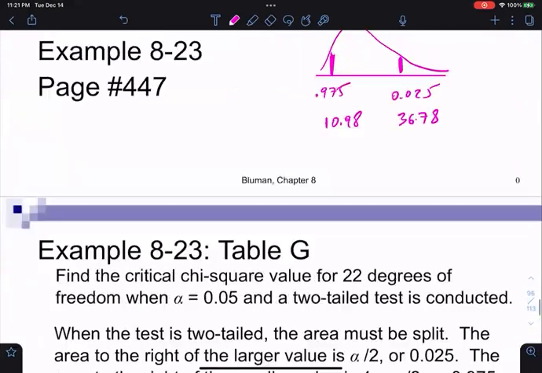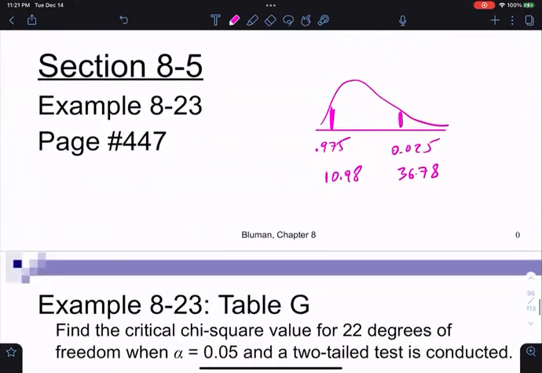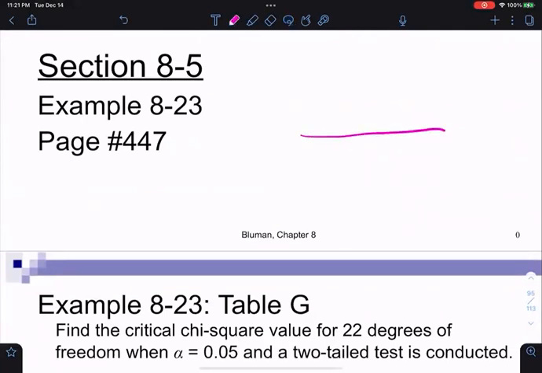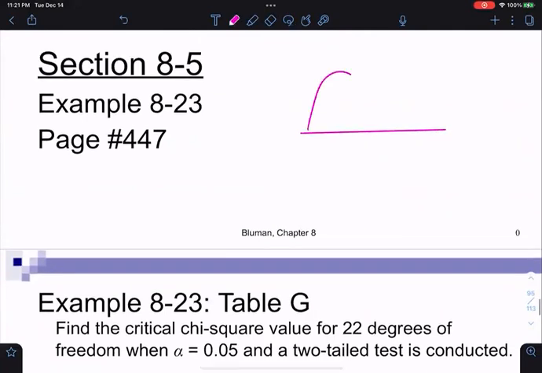Yeah. So let me explain that to you one more time, just in case you got confused. The chi-square distribution is skewed to the right, okay? If you're doing a two-tailed test, since alpha is 0.05, you need to divide by 2 because this is a two-tailed test.